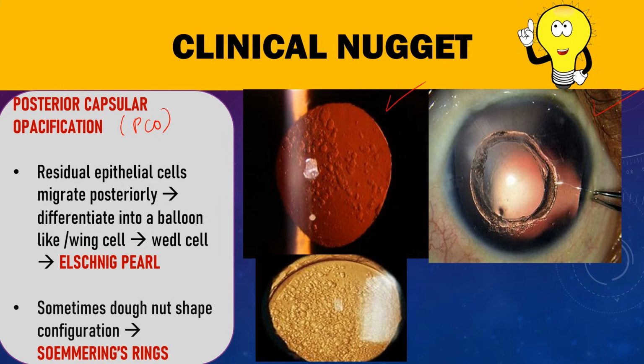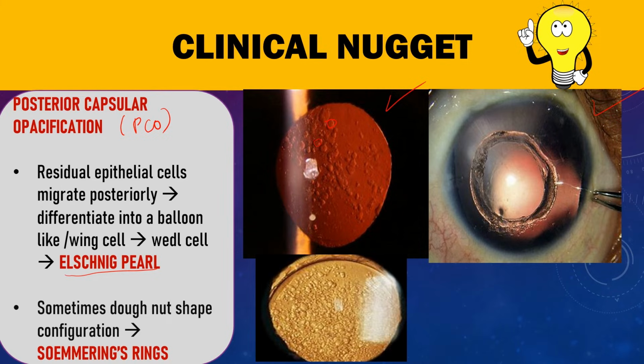Now how does each happen? The residual epithelial cells, if they migrate posteriorly and get differentiated into balloon-like cells or wing-like cells, also called the Wedl cells, these Wedl cells are also seen in your bladder. If they differentiate into such cells, they will look like pearls on the posterior capsule behind the IOL, and these are called the Elschnig pearls.